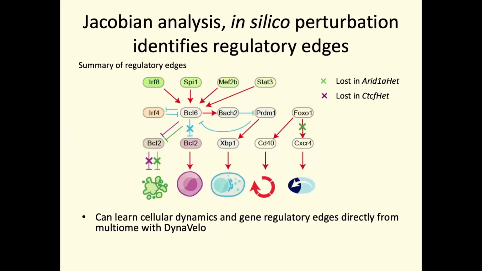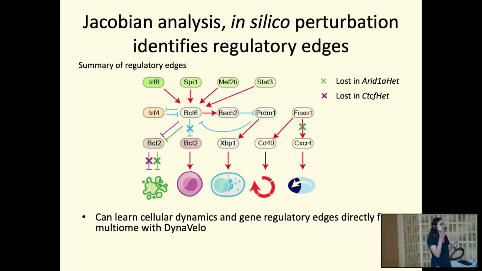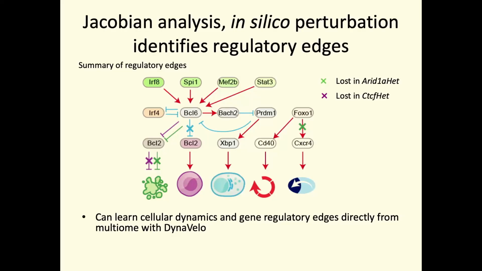And from that, we can actually extract about everything that is known about the germinal center in terms of transcription factors and their targets just from this analysis. And we can also make predictions about what edges are lost in these specific mutants, one of which is cancer relevant, okay? So it gives us some idea of where to intervene in the system.